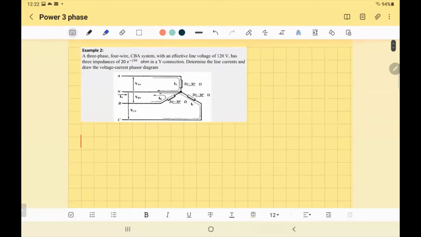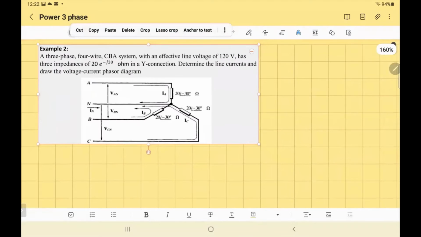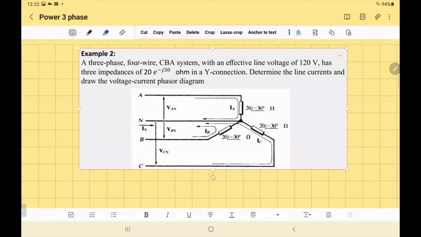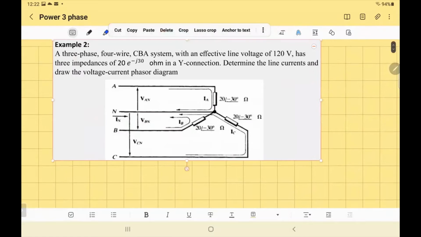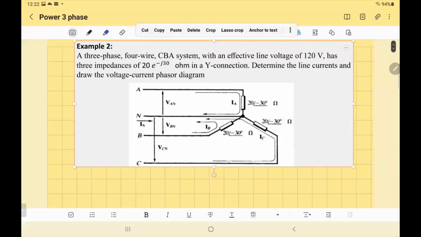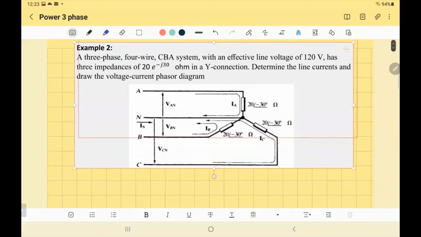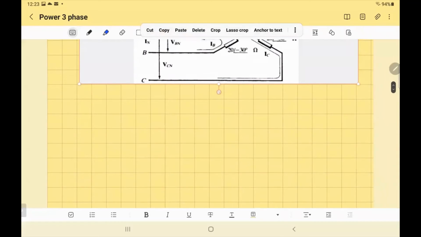Okay, so that's the example we need to solve. So what we'll do, we'll try to find the equivalent phase. We'll sketch only one phase.